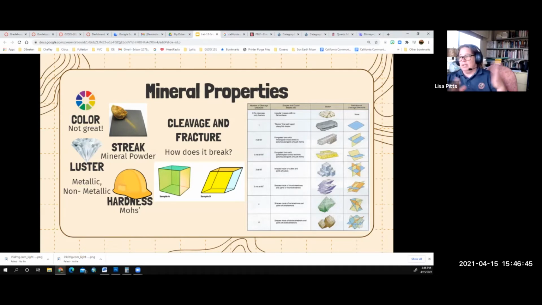There are also ones that form rhomboids or things like that. Calcite is a good example. It's parallel on both of the sides, but they're not at 90 degrees. It's what we call a rhombus.